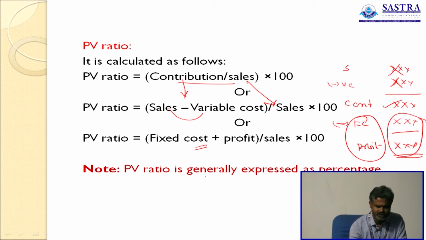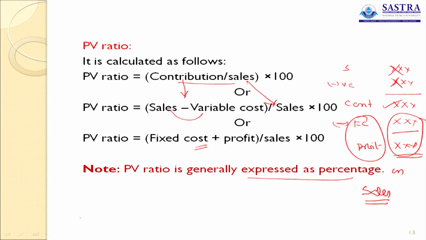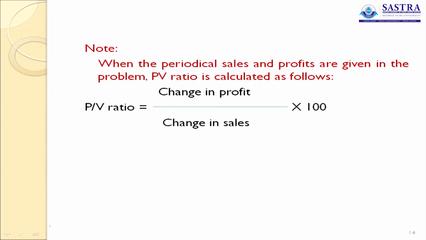Usually, the PV ratio is expressed as a percentage on sales, because it is a sales based ratio. PV ratio is a sales based ratio. So, hereafter we are going to solve some problems with the help of these formulas. Sometimes the PV ratio will be calculated in some other way.